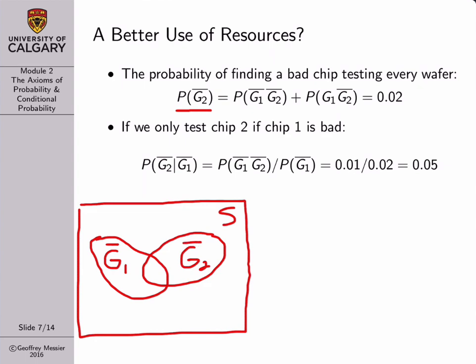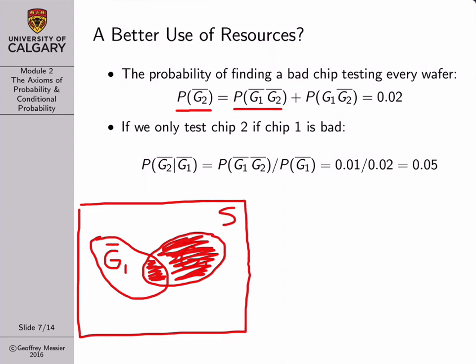Now, what we have on the previous slide is the probability that both of the chips are bad, which is this region here. And we also have the probability that G2 is bad and G1 is good. And so that's the intersection of G2 being bad and all the area outside of G1 being bad. And so that gives us this region here.